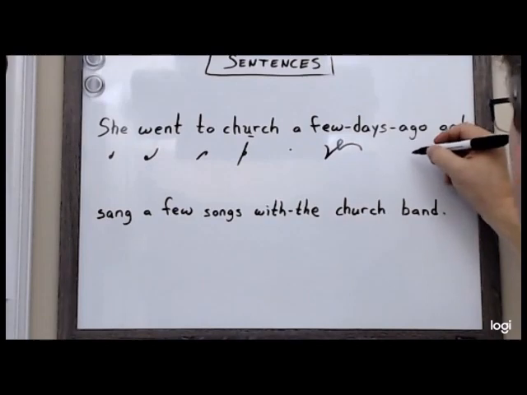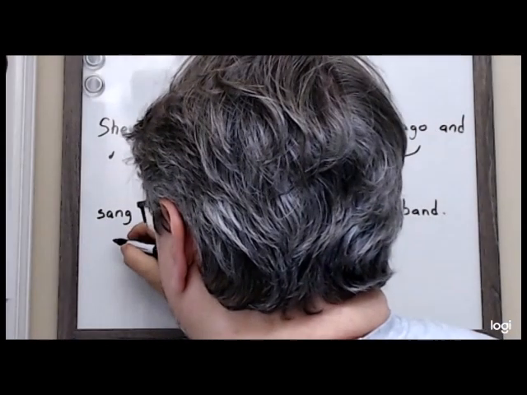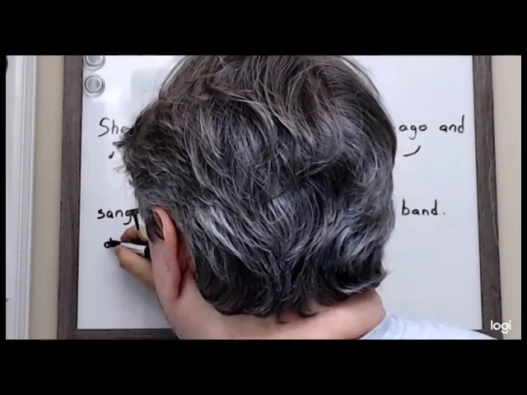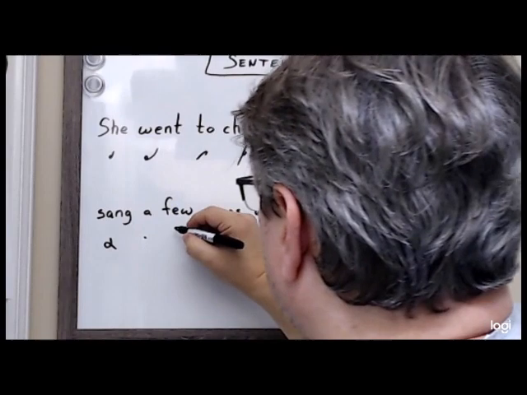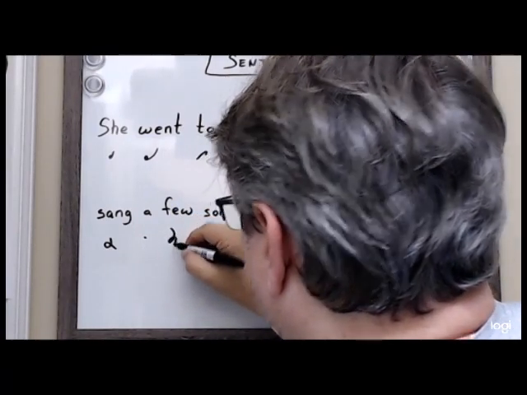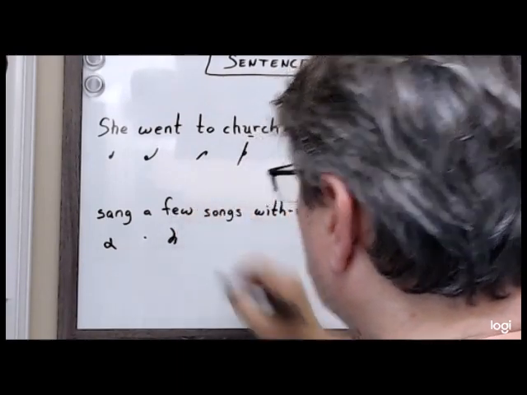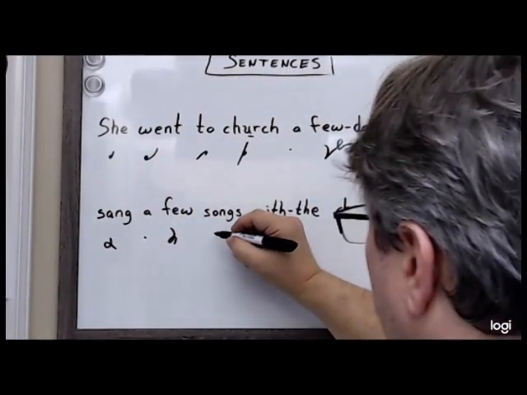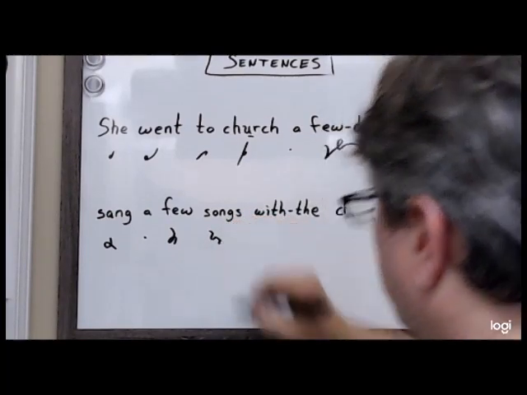The word and, in D stroke, sang, is S-A-N-G-A, with dot. Few is F, the E, and U. The E stands for the Y sound in the few. Songs is S-O-N-G-S.